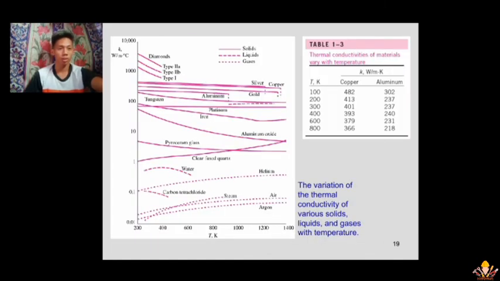In Table 1-3, the thermal conductivities of materials vary with temperature. And this is the chart of the variation of the thermal conductivity of various solids, liquids, and gases with temperature.